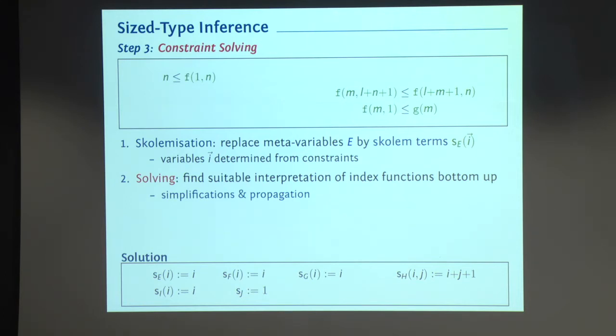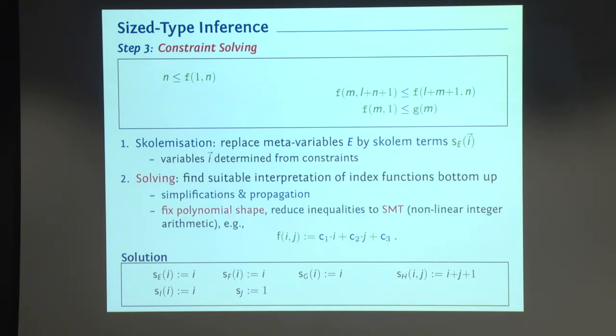Now, to solve such inequalities, we essentially assume a polynomial shape of these interpretation functions, here for f, for instance, and this allows us to reduce these inequalities further, so that we can use a state-of-the-art SMT solver to find such interpretation functions.